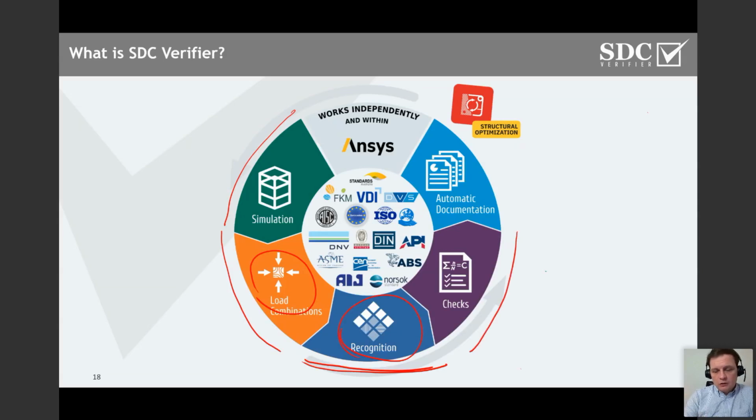Next item is why we are all here: the checks themselves, the possibility to create the verification according to standard. In a simple manner to explain how this is possible, we are taking the parameters of your Ansys model and results of the solution, and we use them as variables to create the formulas of the standard.